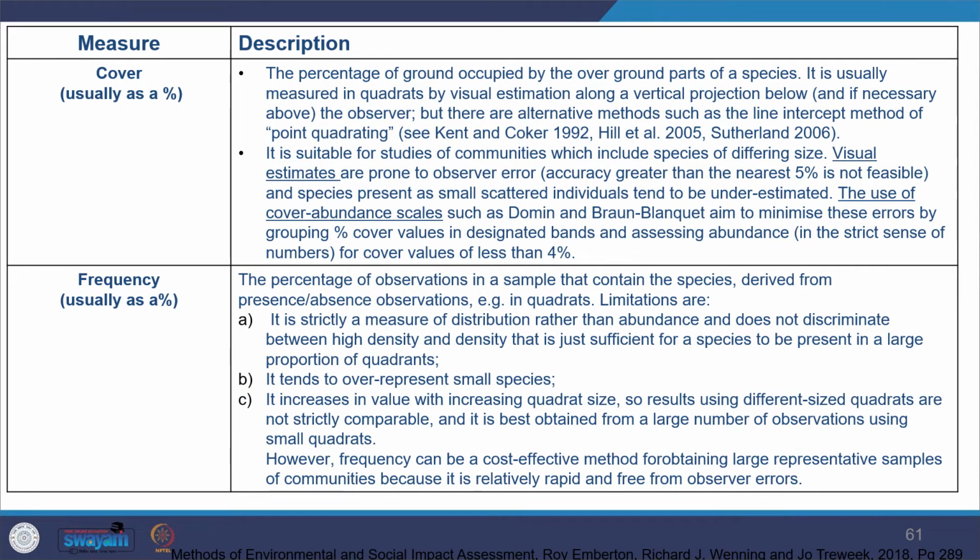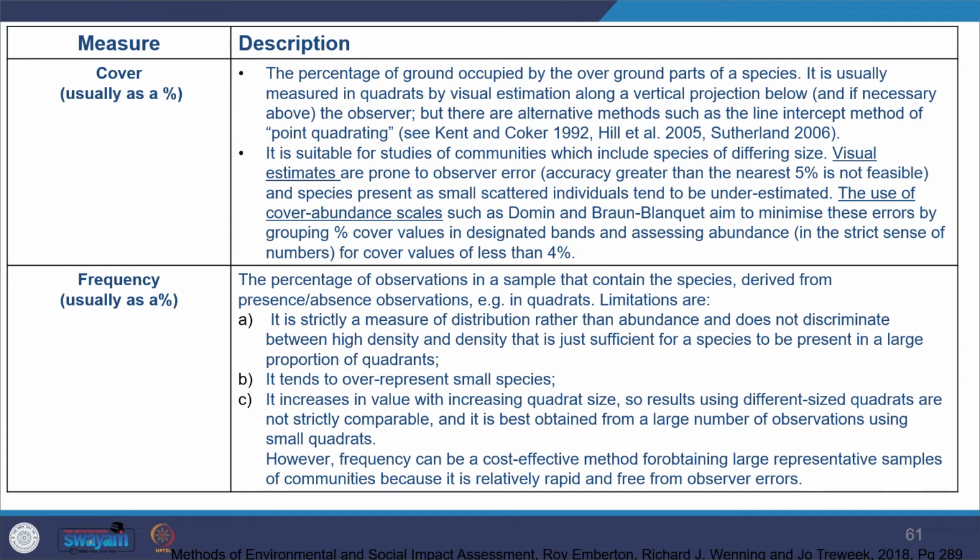The other measure is cover, which is usually given in percentage, like how much percentage of area is covered. So the percentage of ground which is covered by certain species, out of 100, like 30% or 10% is covered by certain species. So that is how you give the cover in the form of percentage.